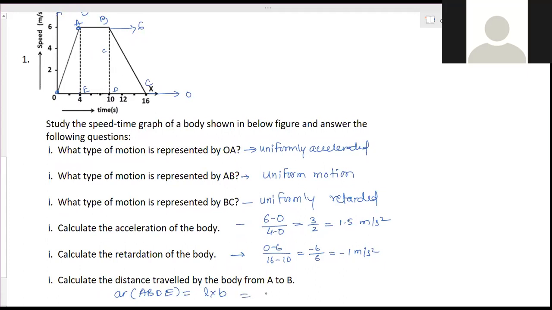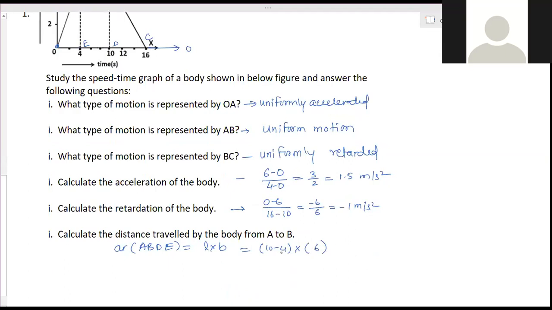Length into breadth, that is 10 minus 4 into 6, that is 6 into 6, 36 meters.